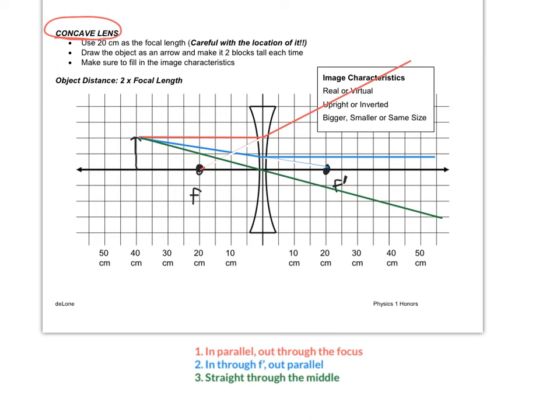As you'll see, these 3 rays over here do not converge, so we're going to trace those 3 rays back. So we'll trace back our in parallel out through the focus ray, we'll trace back our in through F prime out parallel ray, and we'll trace back our straight through the middle ray and see that it converges over here. And it ultimately forms a virtual image. That's always true when we're tracing it back. Of course, it's upright, but now it's going to be smaller than our actual object.